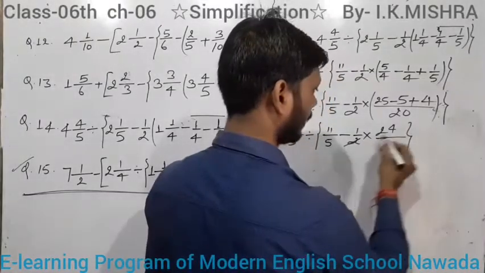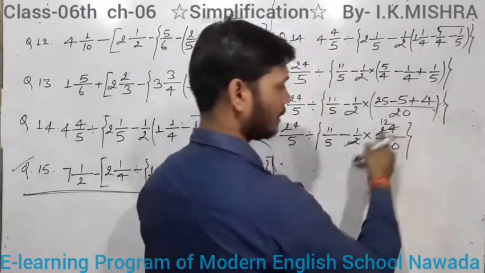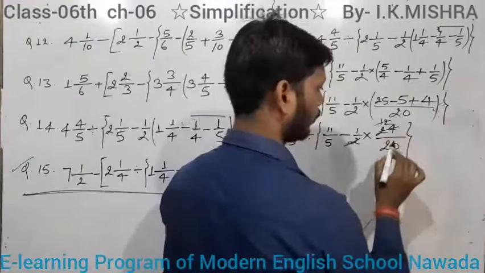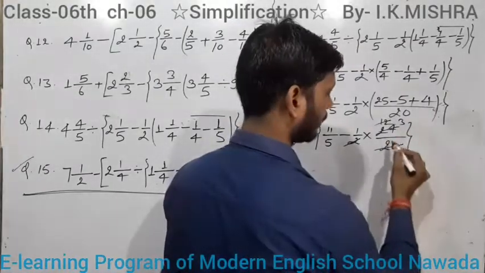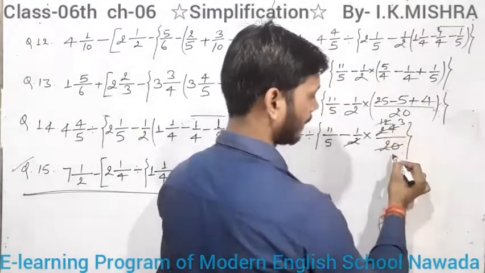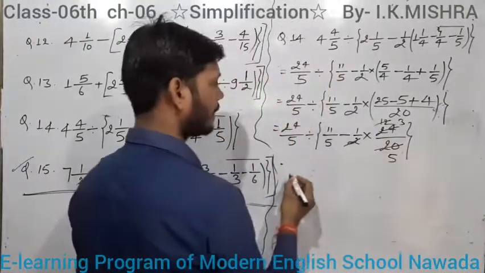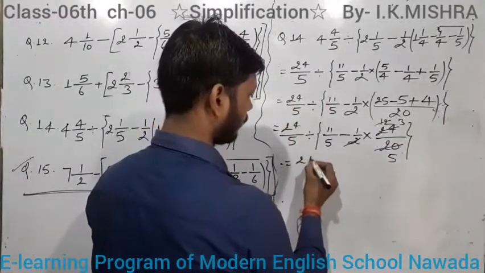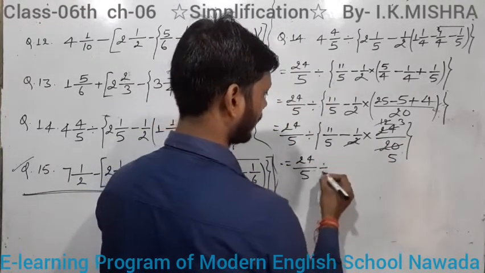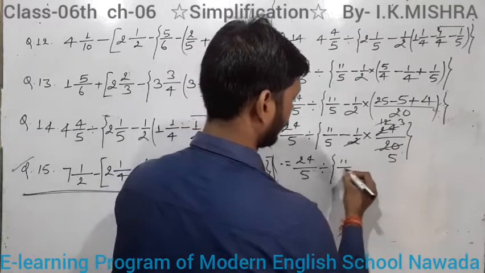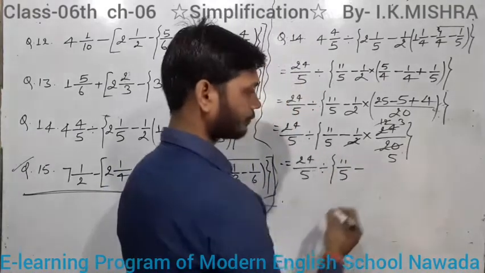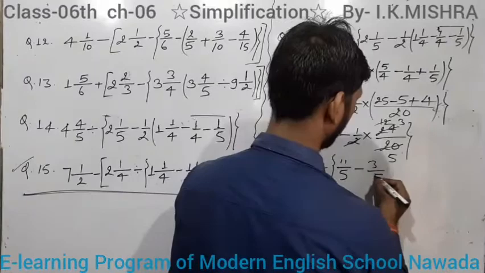Students, after that 12 times, and after that 3 times, and divide it by 4, and it will be 5. So friends, 24 by 5 divided by 11 by 5 minus 3 by 5.